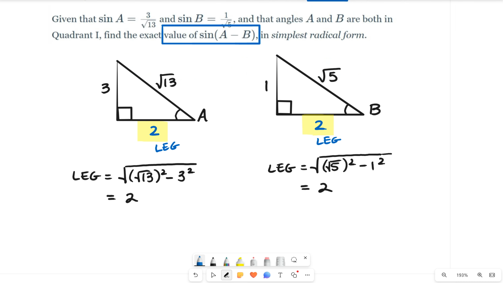Okay, welcome back. So here's what your answer for those missing sides should be: 2 and 2. I don't know if you constructed your triangle like the way I did it, but if you did, here's what it would look like. In both cases you are looking for an adjacent leg, the one next to where you were standing.